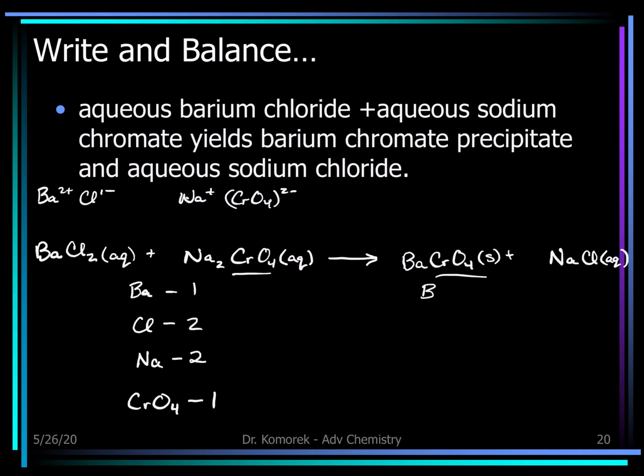Now when we do this on the right, list them in the same order so that you don't get confused. Looks like 1 barium, 1 chlorine, 1 sodium, and 1 chromate. Looking these over, we need to balance chlorine and sodium, and we can balance both of them by placing a 2 in front of sodium chloride. Perfect.